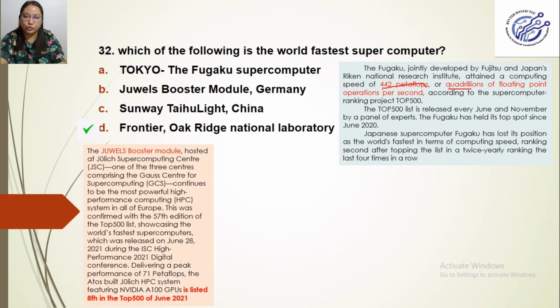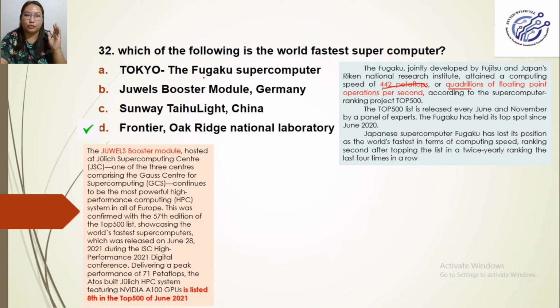Then we have the Jewel's Booster module. So itong si Jewel's Booster module ng Germany, sa ngayon po yung ranking po niya, siya po ay yung pang-8 na supercomputer dito po sa ating mundo. So malaki din po siya.